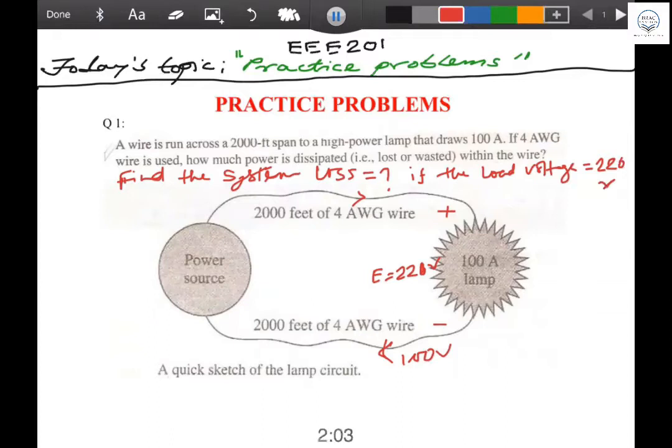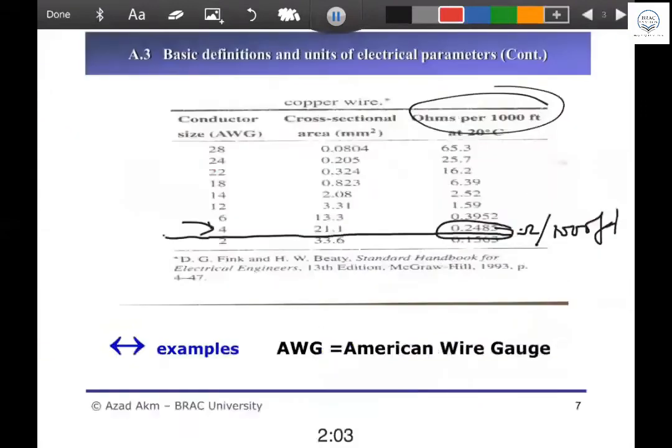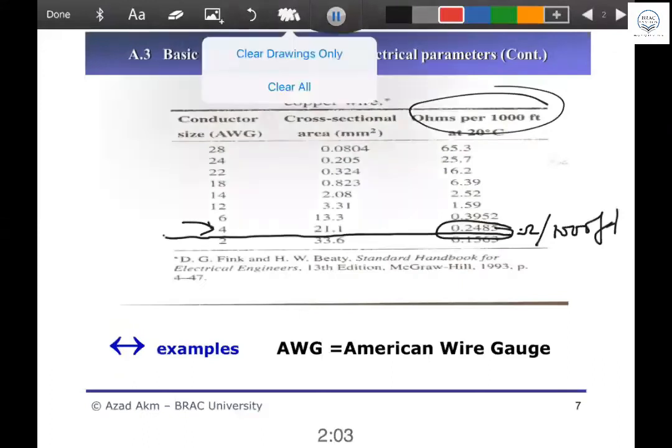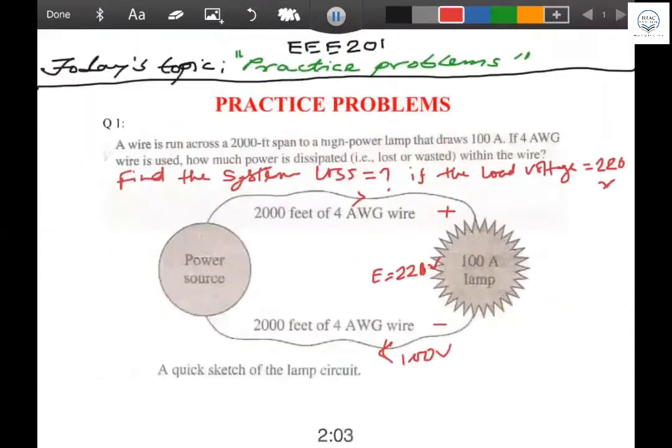Before you go for system loss, you need to know the definition of system loss. System loss is a very important thing.